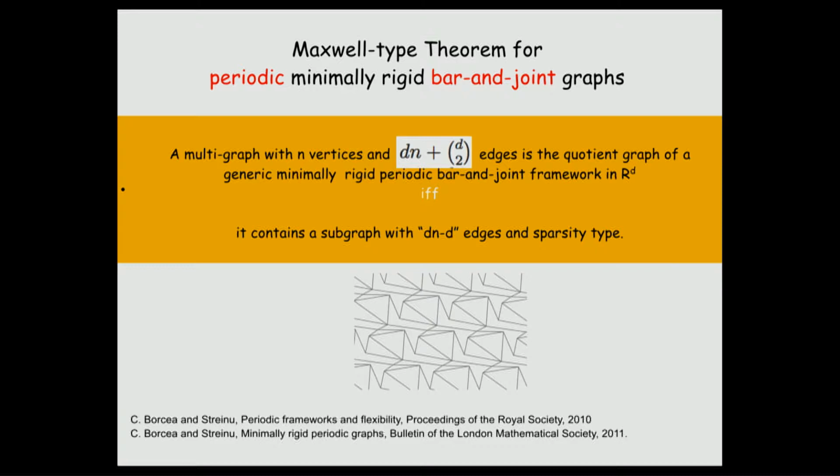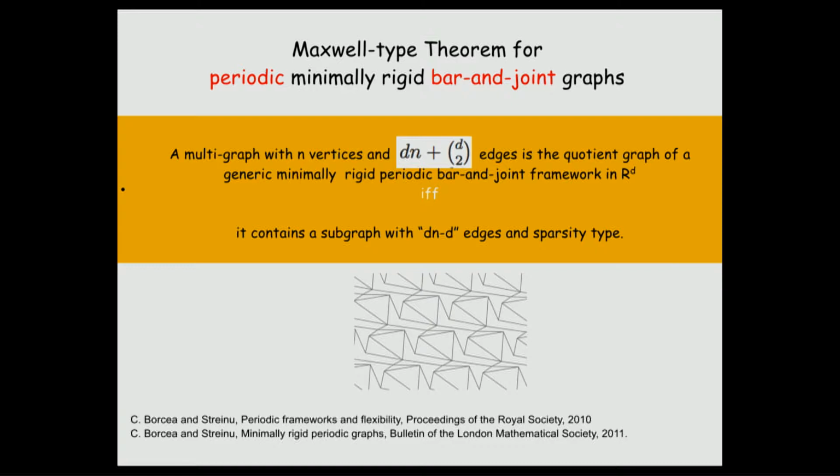And if it has n vertices and dn plus d choose 2 edges, that's the Maxwell count that you need. And this is the quotient graph of a generic minimally rigid periodic bar and joint framework, and the genericity here is very weird, we can discuss that in private afterwards, if it contains a subgraph of dn minus d sparsity type.